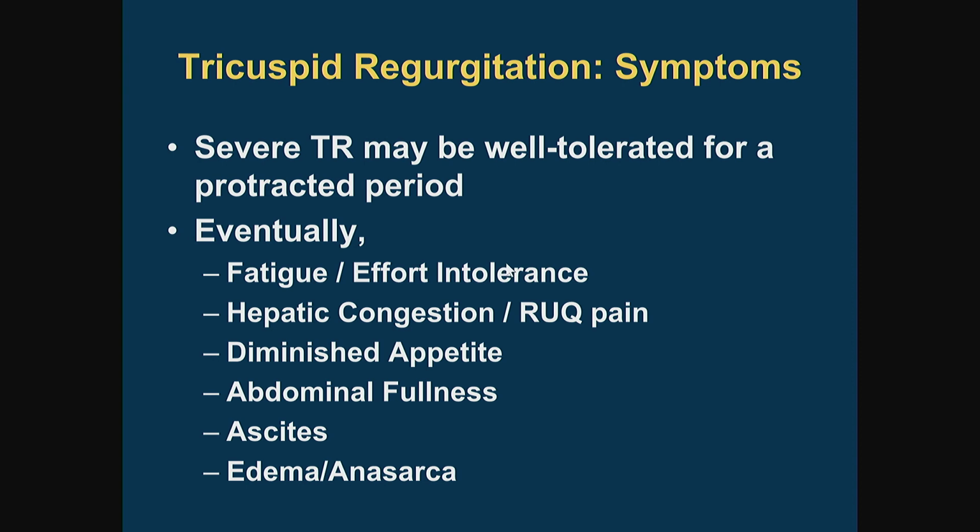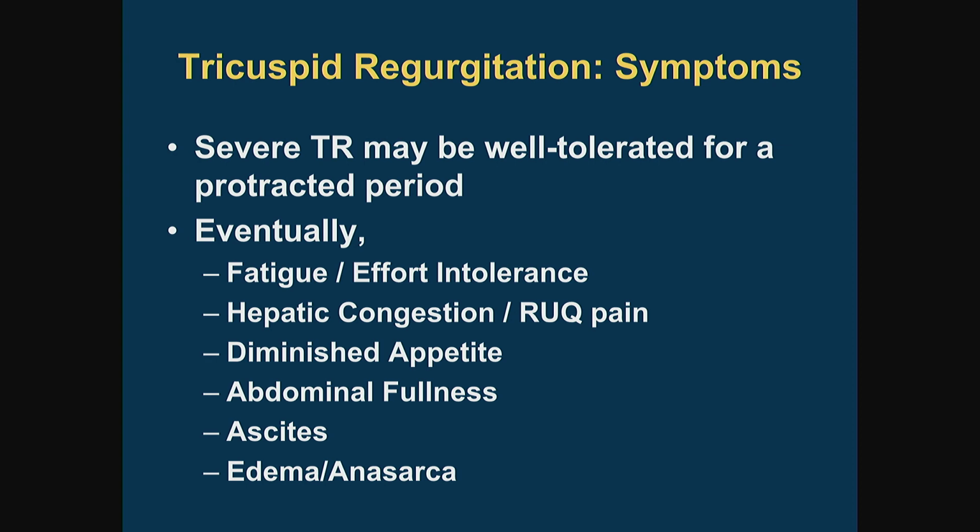Symptoms of tricuspid regurgitation are prevalent only after a long latent period. Patients with severe tricuspid valve regurgitation may have no symptoms because TR is often very well tolerated for a long period of time. But eventually, principally due to effects of the significant regurgitant volume on right ventricular remodeling, patients develop right ventricular dysfunction.